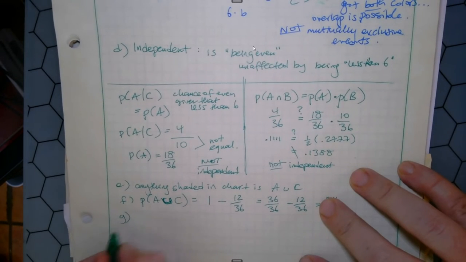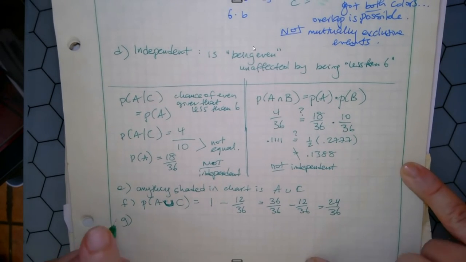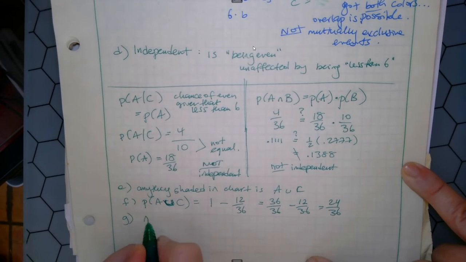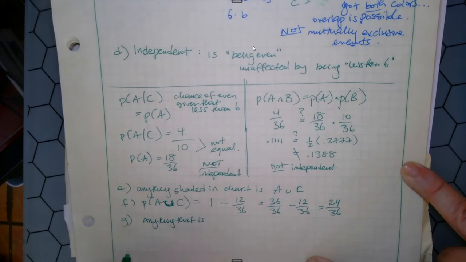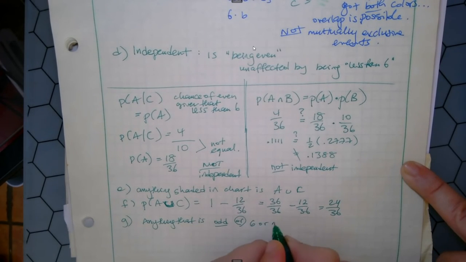Now, we haven't looked at the other two ideas. Find B union D. So anything that is odd, or I'm happy if it's odd. I'm also happy if it's 6 or more.